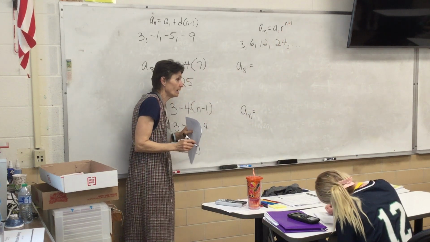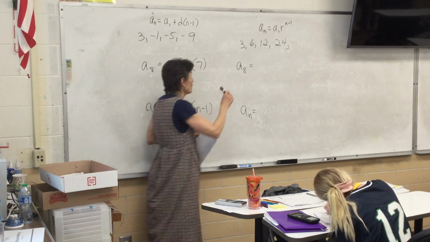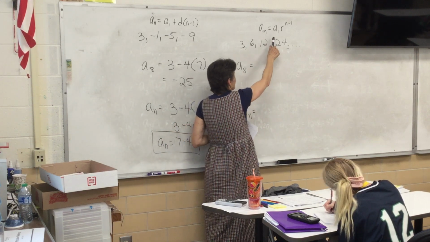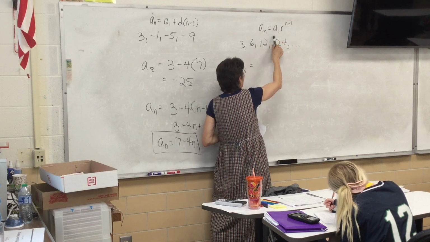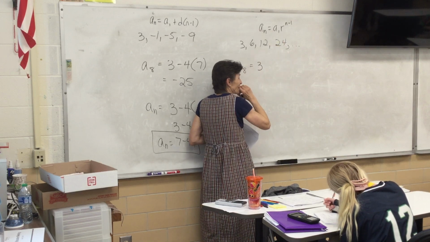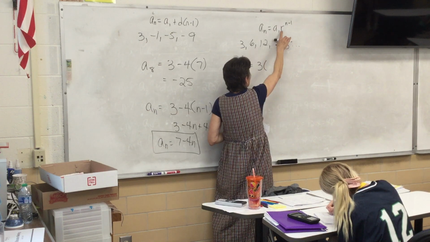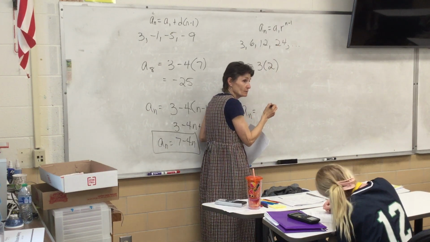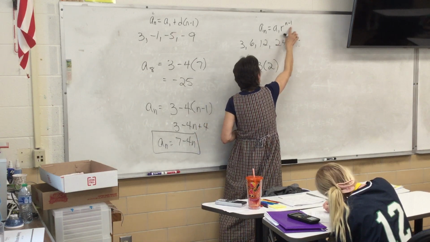That's the formula. So if we want the 8th term, a sub 8, we'll take our first term, which is 3. We'll multiply it times the ratio, which you said was 2. And then what power am I going to raise it to?